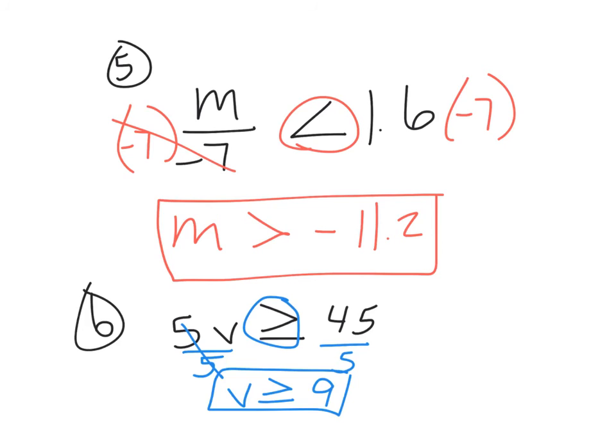Now let me show you how this looks when you graph it. I'm going to do a teeny tiny number line over here. Okay, and we're at 9, so I'm just going to say 9 is right there. Oh, you need to be labeling these with 9. I don't know if I did that on all the others. Make sure you do that. And then, what's my sign? It is greater than or equal to, so I'm going to have a filled in dot.